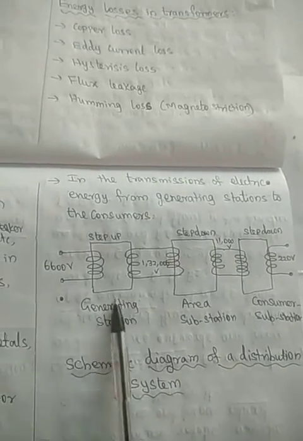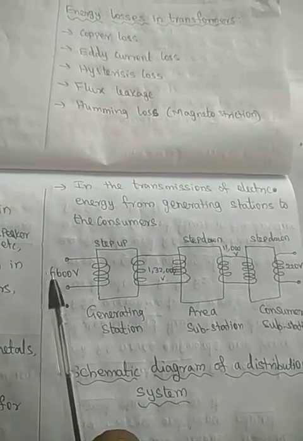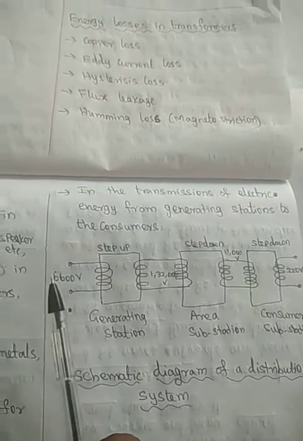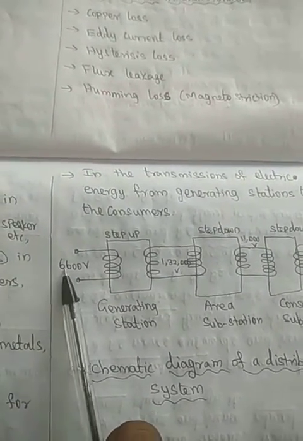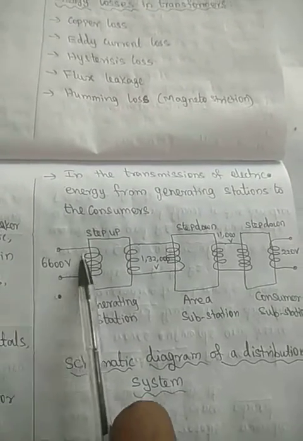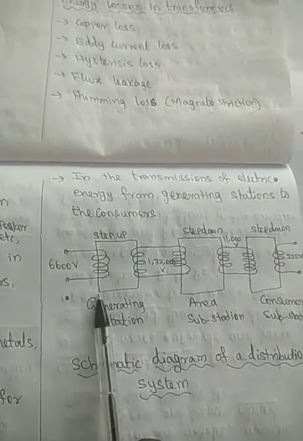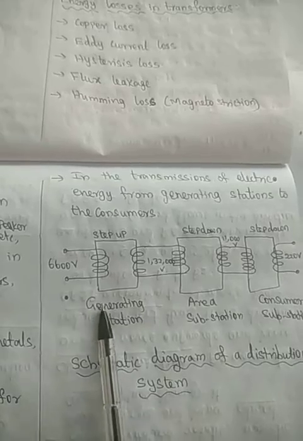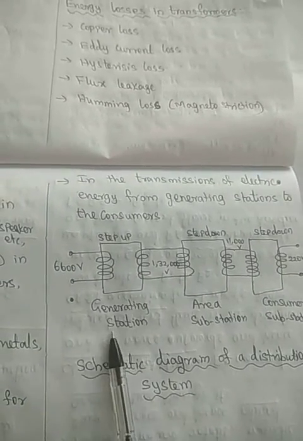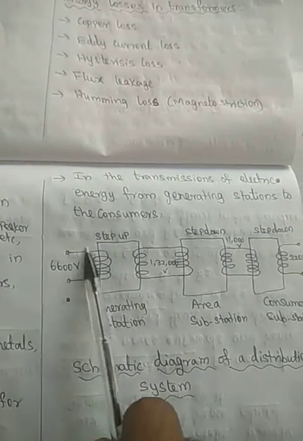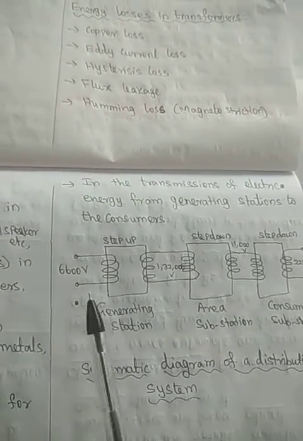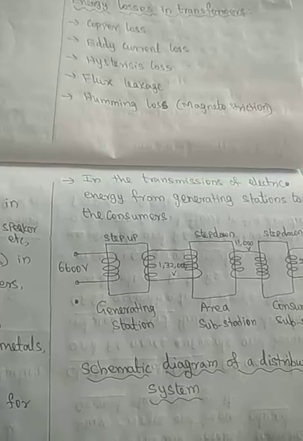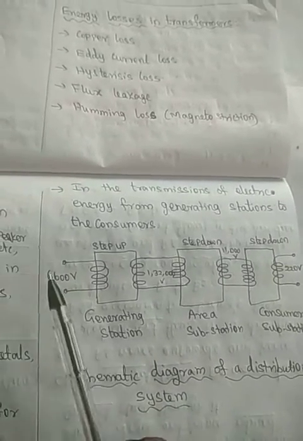In the generating station, how much voltage is generated by the AC generator? 6600 volts. The alternating voltage is developed in the generating station, whether it is a hydro power station, wind energy, thermal energy or nuclear energy. So in the generator stations, 6600 volts will be generated.